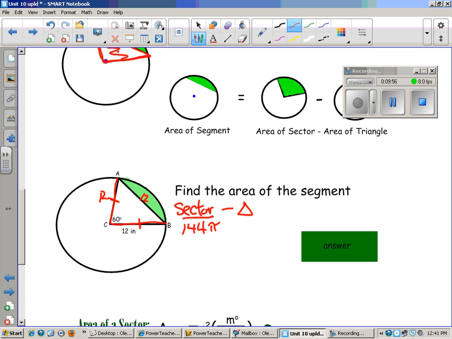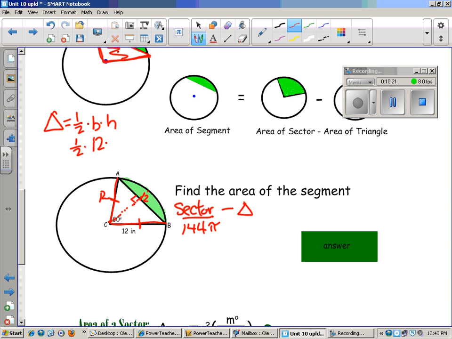So the formula for my triangle is 1/2 times base times height. So my base is 12, right? But I don't have my height yet. My height's this one.